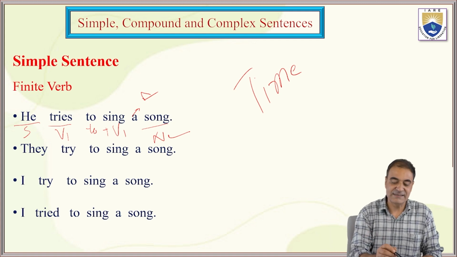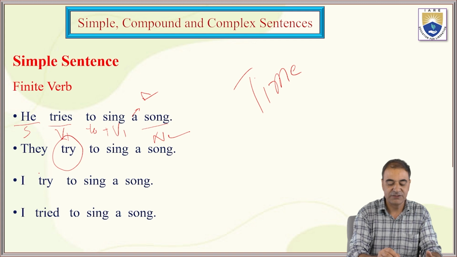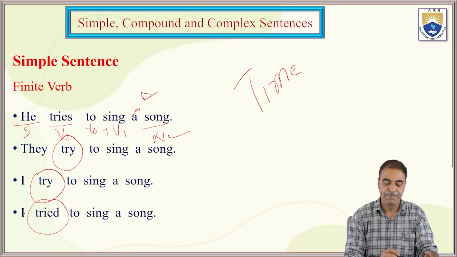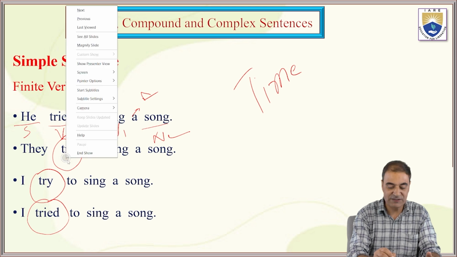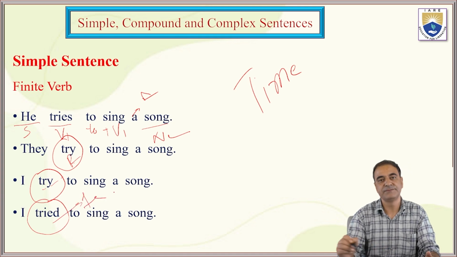Now, if you look at the second sentence, again we have try in the third sentence and tried in the fourth sentence. In the second sentence, it shows the present time. In the third sentence, again it shows the present time. In the fourth, it shows the past time.